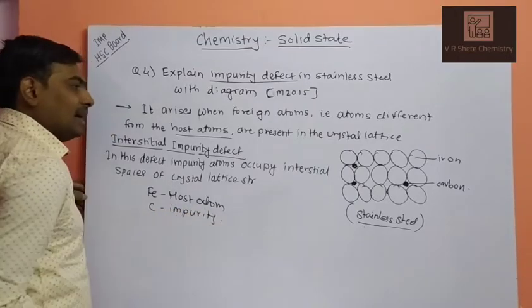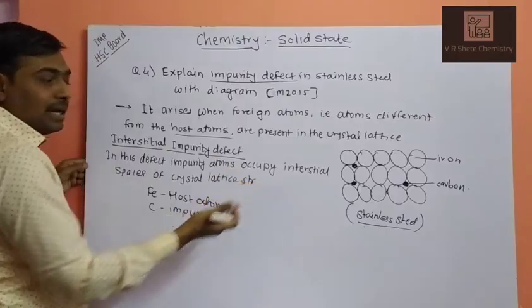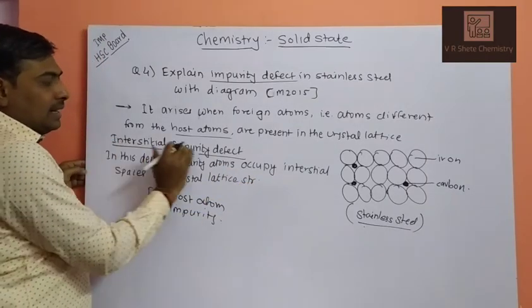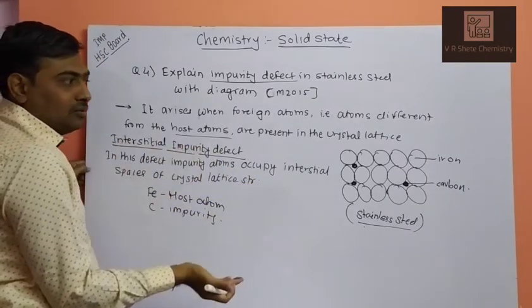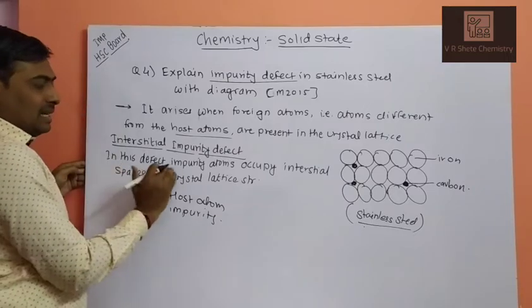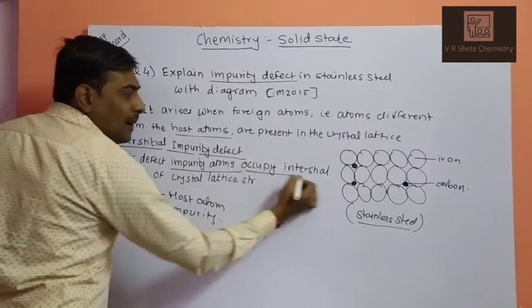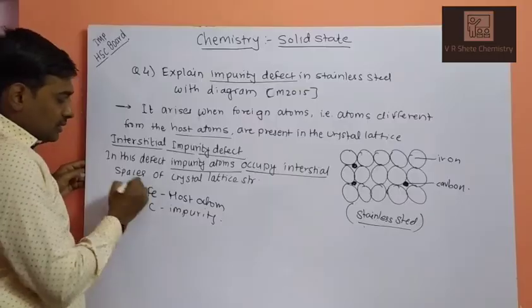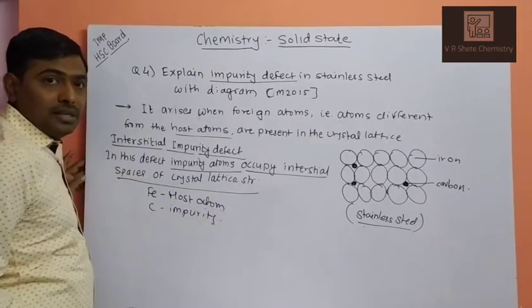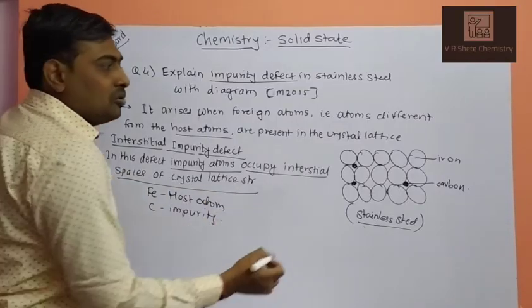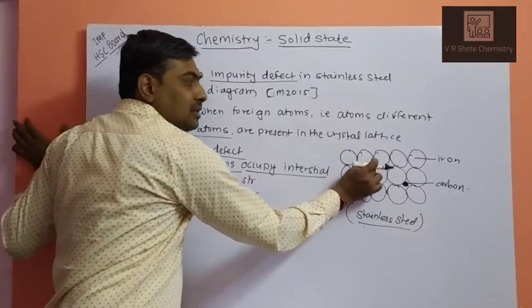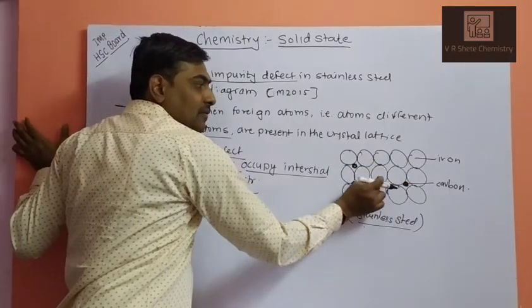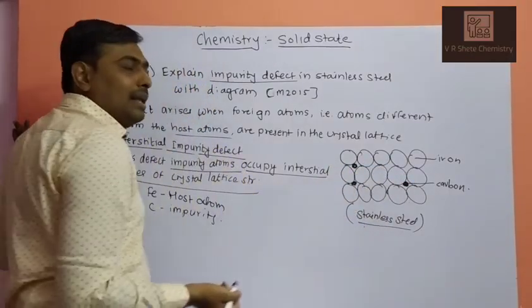It has uses, it makes an alloy. So interstitial impurity defect: we know that in this defect the impurity atoms occupy the interstitial positions or interstitial spaces of the crystal lattice. So these are the interstitial spaces which can be filled by the carbon to make this alloy.